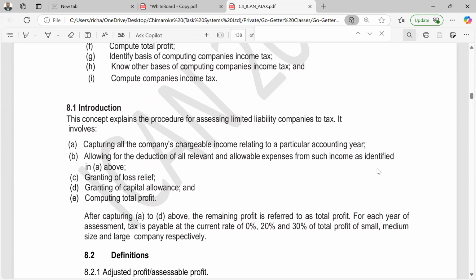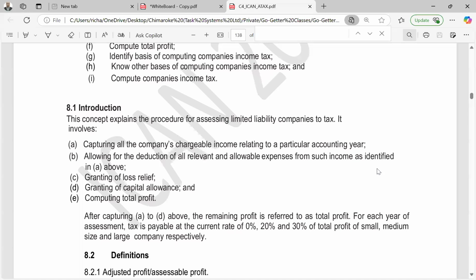Now, when a company is preparing its accounts, it will capture all its chargeable income that relates to that accounting year. For the purpose of this class, we are going to be using primarily an accounting year from January 1 to December 31st of the same year.